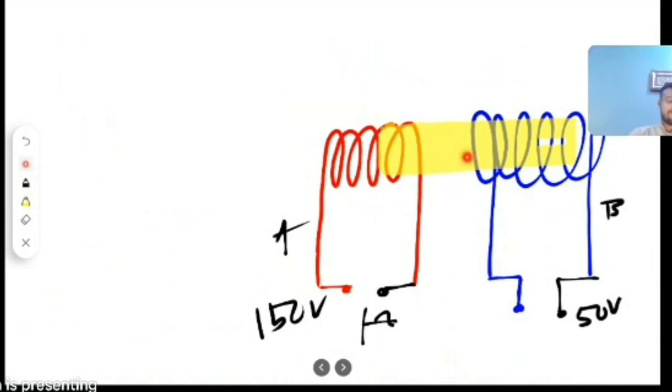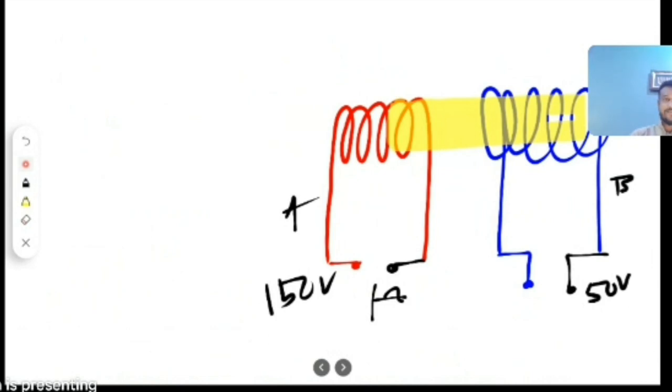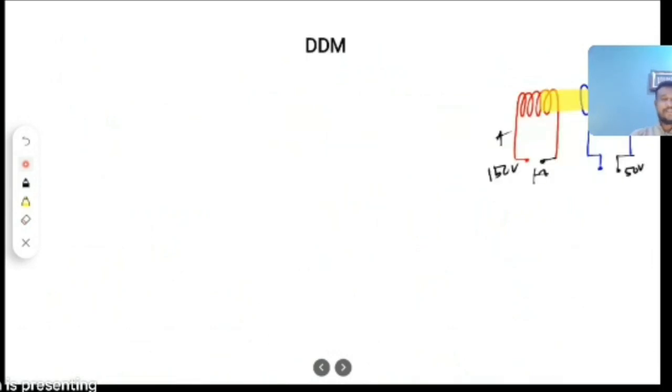It may move from A to B, or it may move from B to A. It depends on the coil winding, how the winding is there. Getting me, guys? Okay, this is the basic of difference in depth modulation.